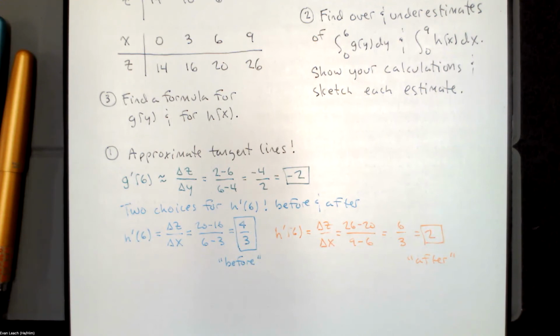So presumably, we can say that h prime of 6 is somewhere between 4/3 and 2. Question? It's not going to be the same, but that's a reasonable thing to do. Good choice. I didn't think of that one. Like, well, what's happening from 3 to 9, because that covers the 6. And we wouldn't have the issue of having 2 pieces of information, 4/3 and 2.